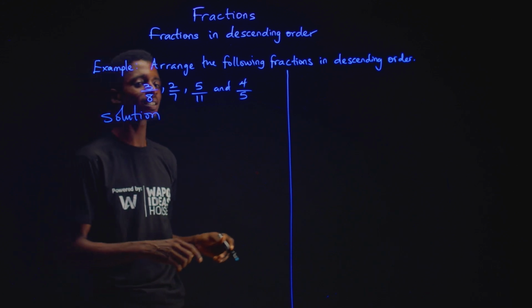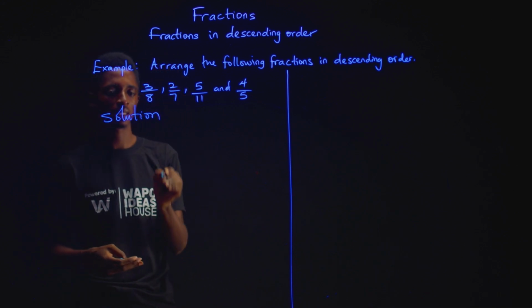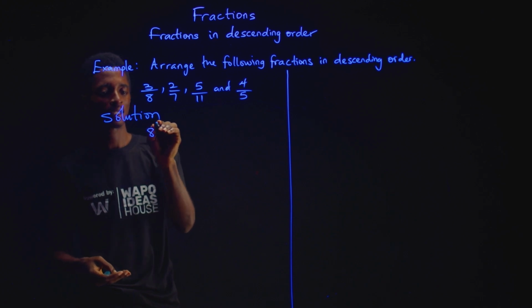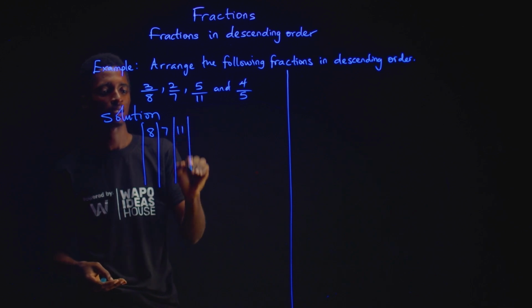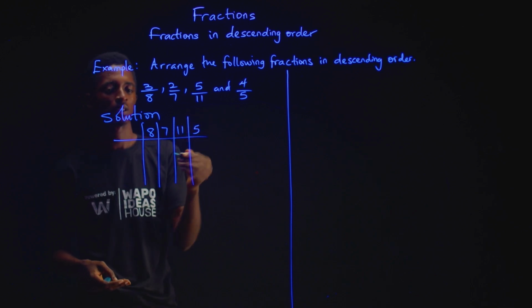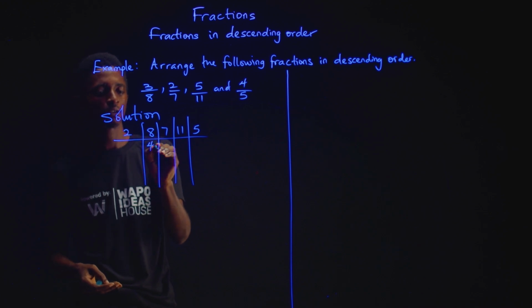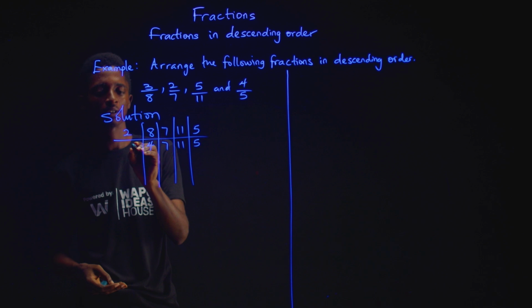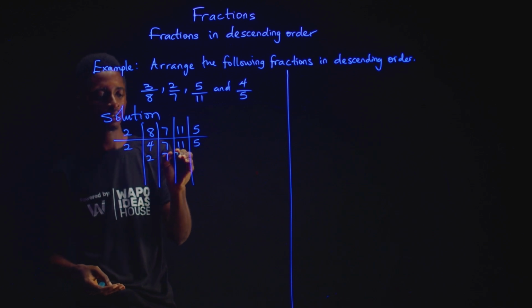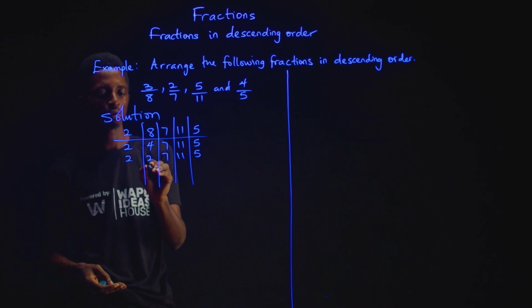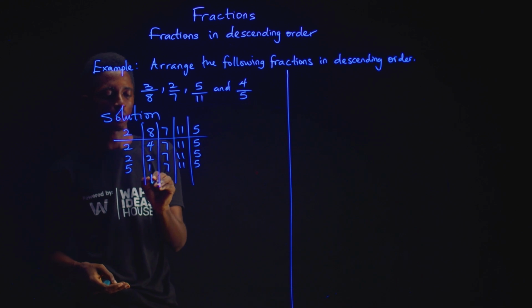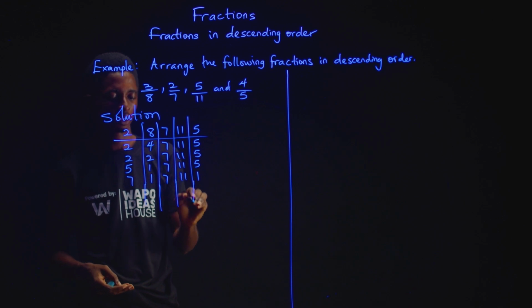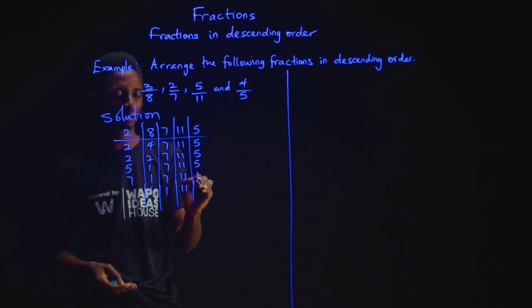Solution. First, you find the LCM of the denominators. We have 8, 7, 11, and 5. We have 2 here to give you 4, 7, 11, 5. 2 here to give you 2, 7, 11, 5. 2, 1, 7, 11, 5. 5, 1, 7, 11, 1. 7, 1, 1, 11, 1.